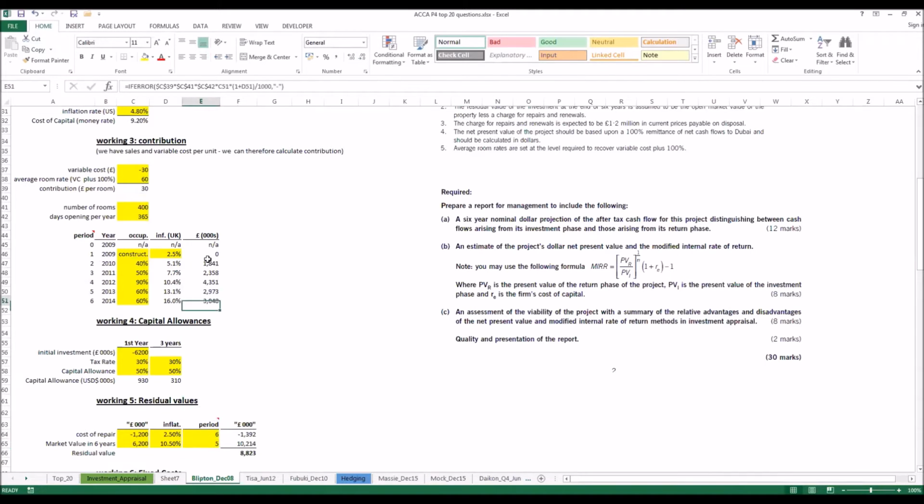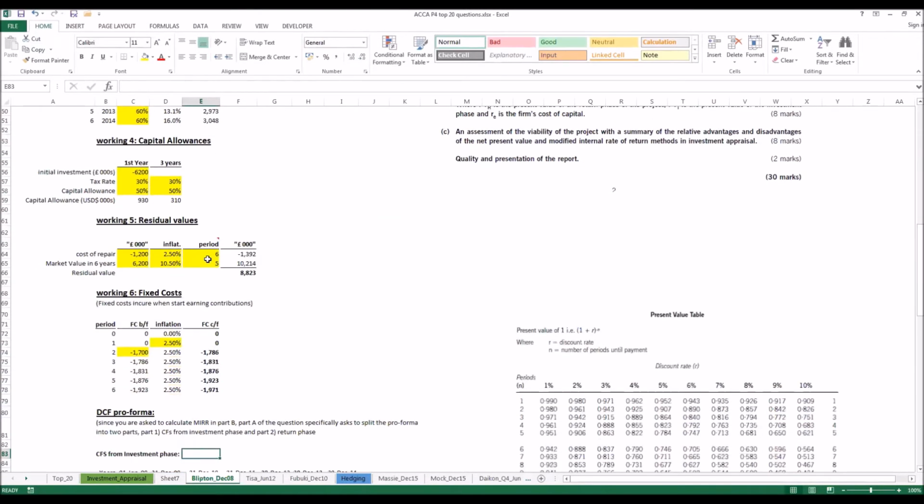That's what we did for the contribution, and similarly, we inflate it for the fixed costs.